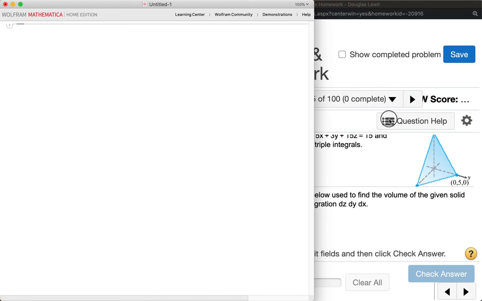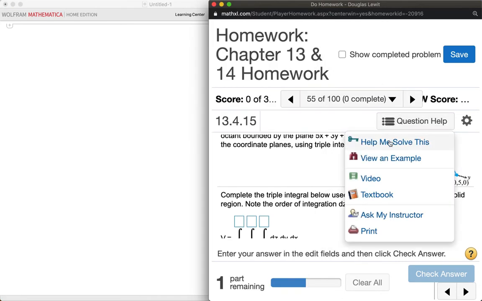You do have the option of help me solve this, view an example, look at the accompanying video, open the textbook, and read about this particular type of problem. You can print out the problem and show it to someone in your family or maybe a neighbor or friend who has studied calculus before. You have options, guys. You have a lot of choices.